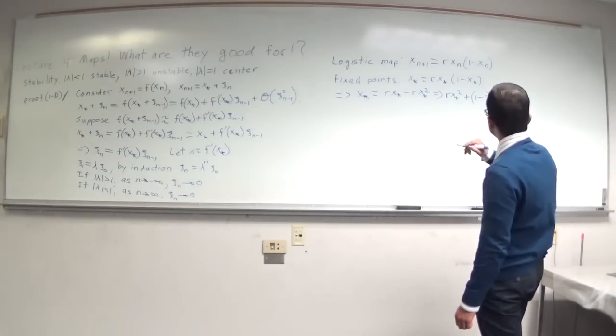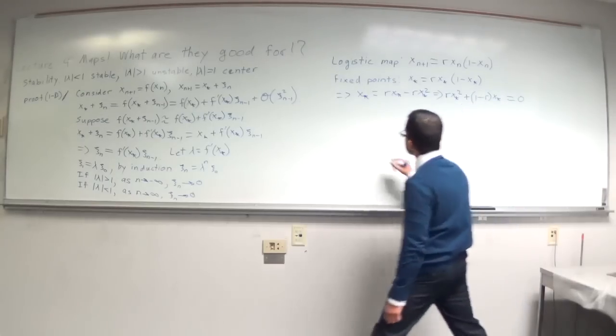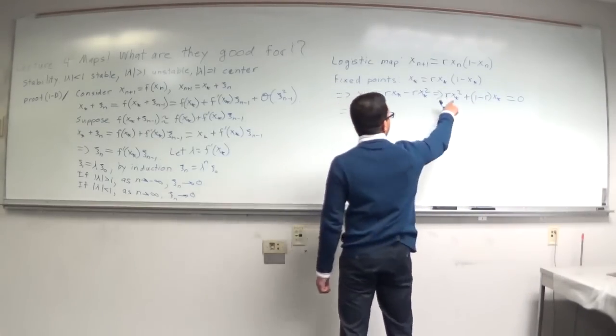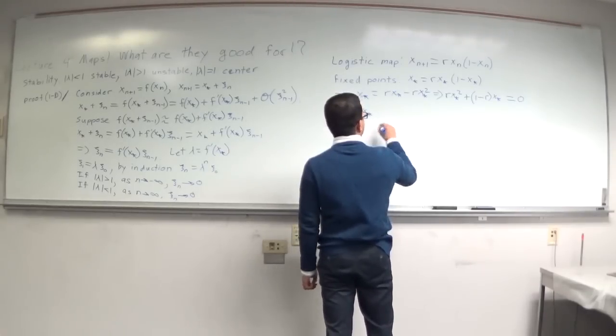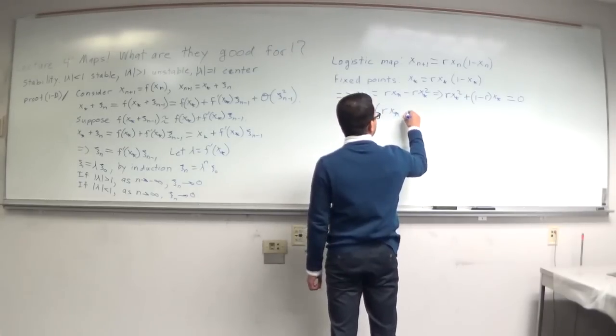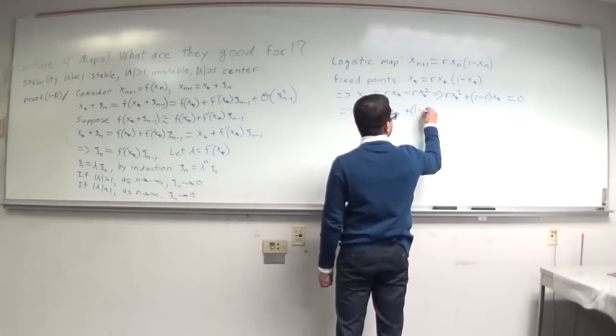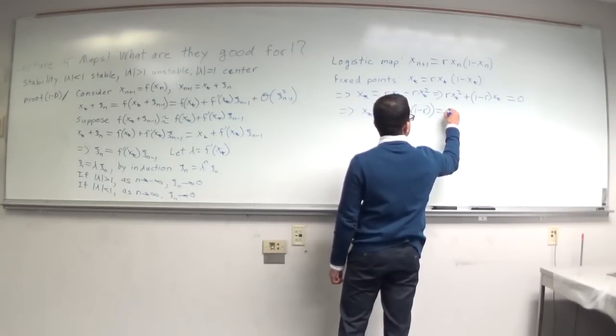Then we can factor out an x star. So x star times (r x star plus 1 minus r) equals 0.